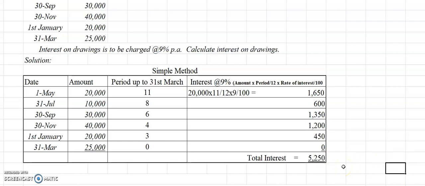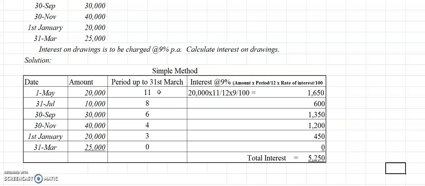Have you understood how it is calculated? From the date to the last date of the year, we have to calculate how many months that drawings is there left with that partner. So the first drawings means 20,000 into 11 by 12 into 9 by 100.